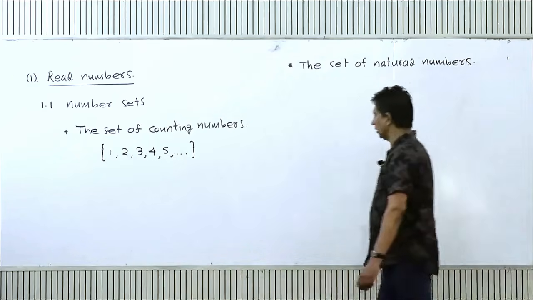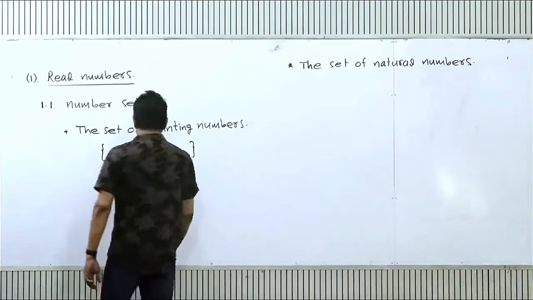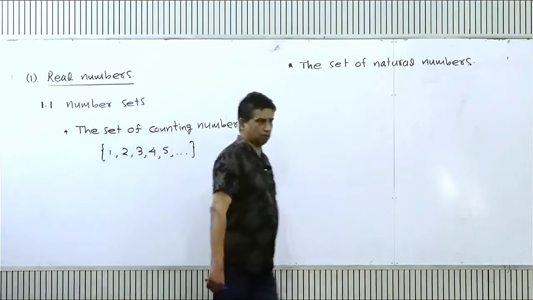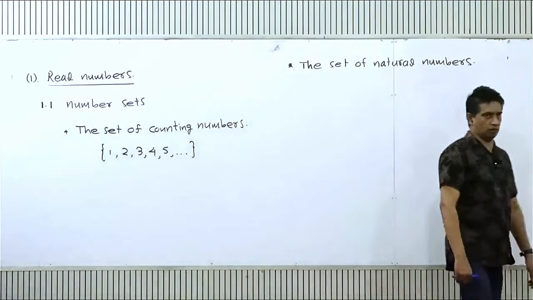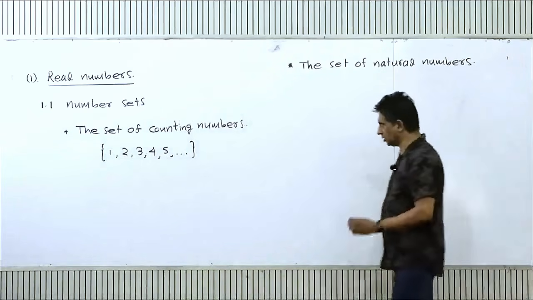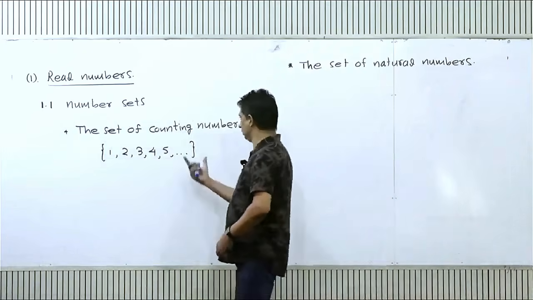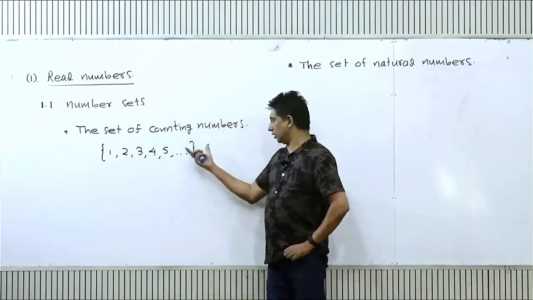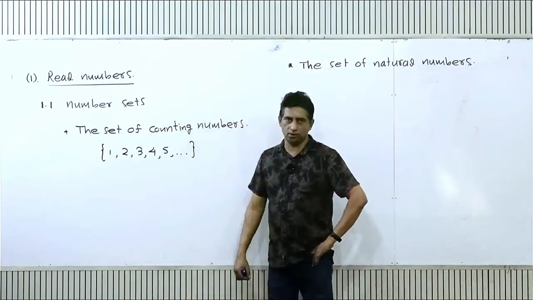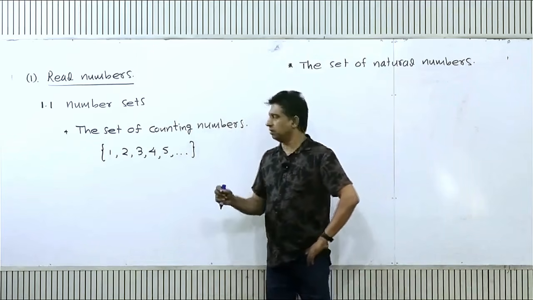Right. Now the second number set is the set of natural numbers. There is a small difference between the set of counting numbers and the set of natural numbers. What is that difference?